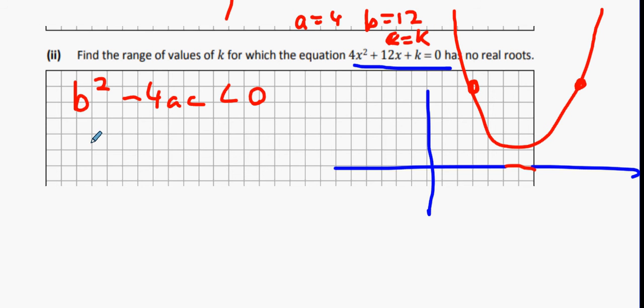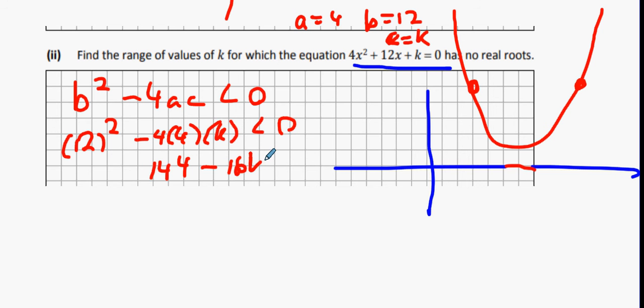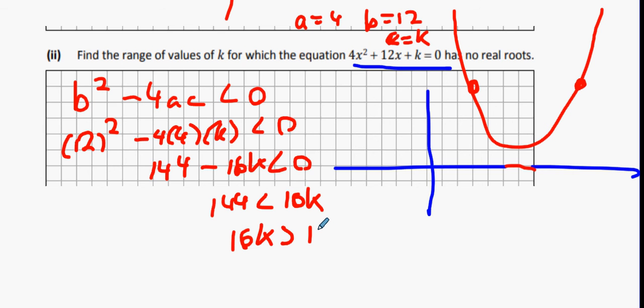So it's 12 squared minus 4 times 4 times k less than 0. 144 is less than 16k, so 16k must be greater than 144. Divide by 16, and k must be greater than 9.